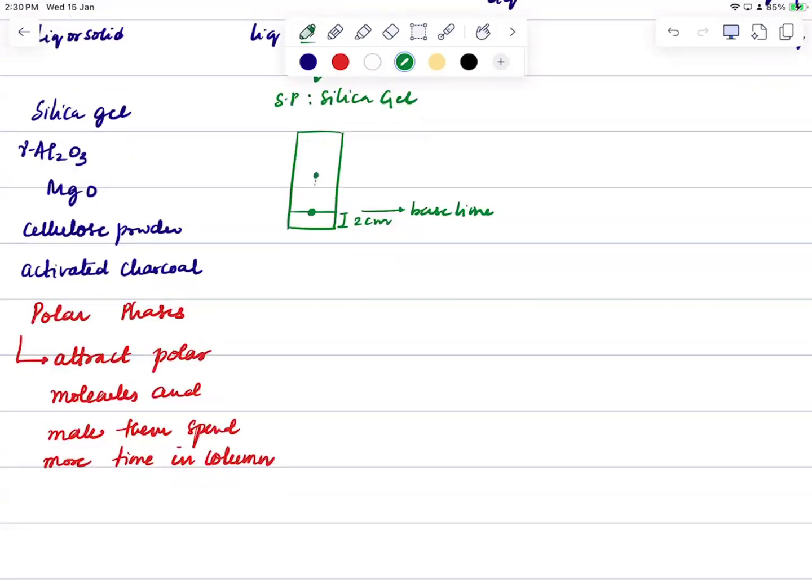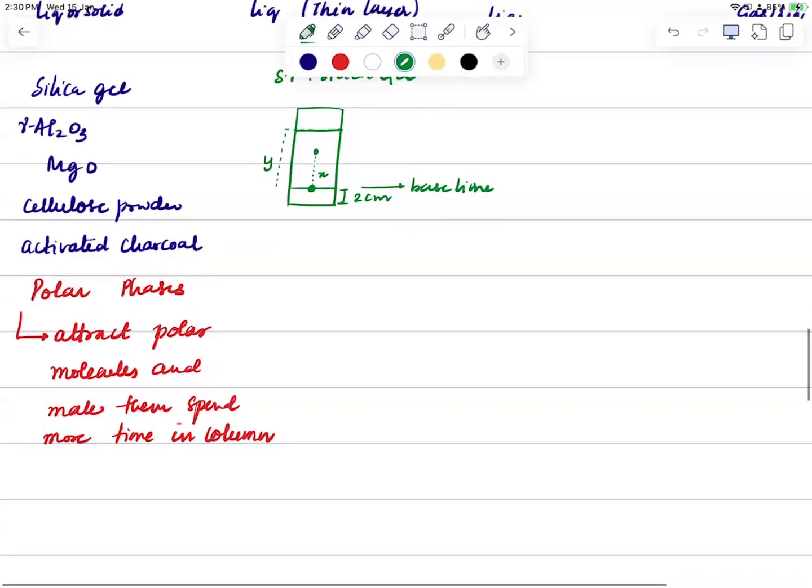If the spot moves up to here, this is length X, and if the solvent moves up to this position, this is Y. So this factor will help us understand how far the spot can go, which is the retardation factor, written as X by Y. Okay, so just keep this in mind.